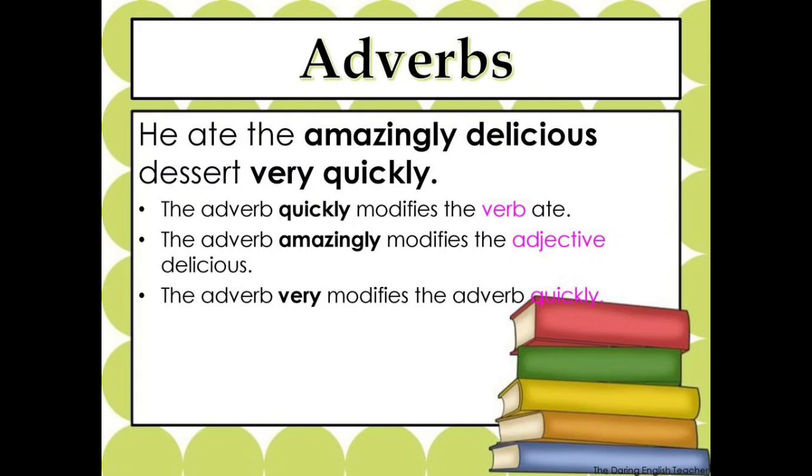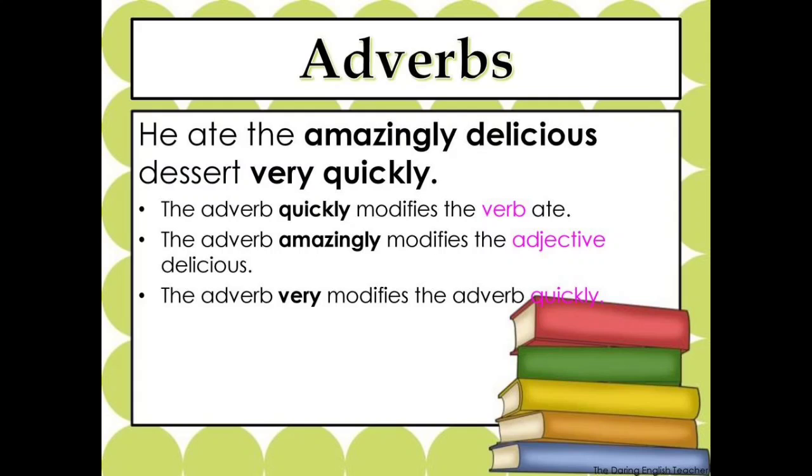So first one is the adverb quickly modifies the verb ate. The second thing is the adverb amazingly modifies the adjective delicious. Then the third one is the adverb very modifies the adverb quickly. So here in this sentence we have three adverbs.